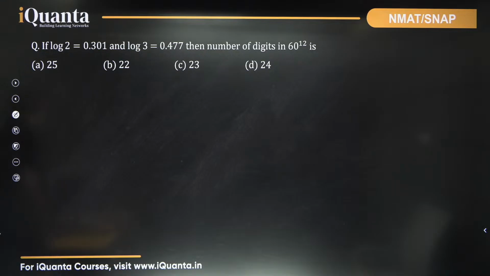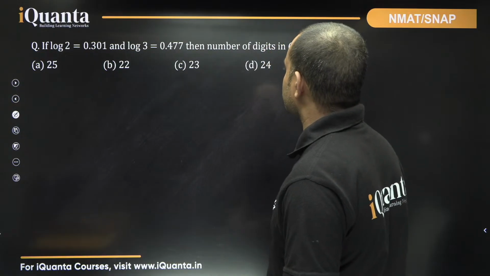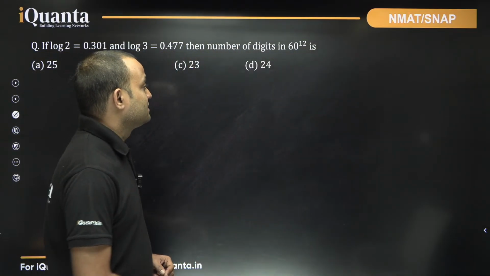What's your answer? Option B. If log 2 is 0.301, log 3 is 0.477, then the number of digits in 60 to the power 12 is. So what we need to do?